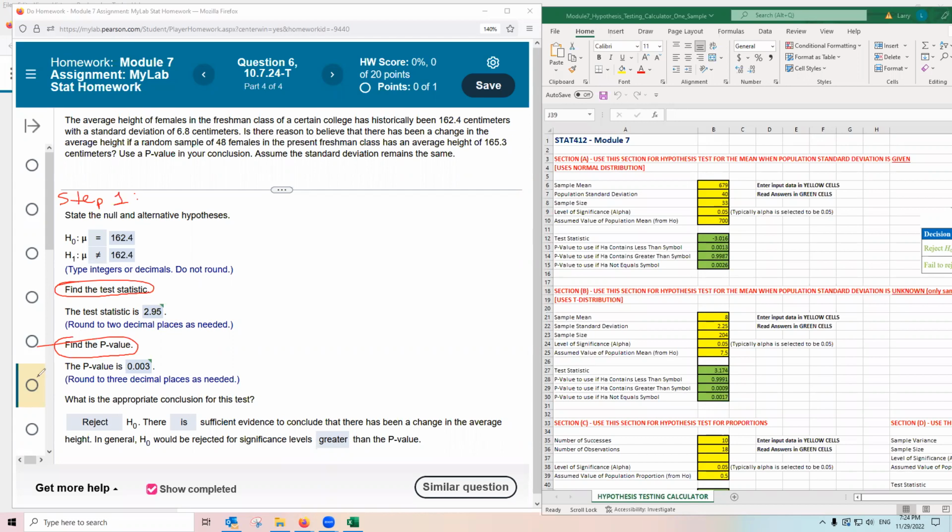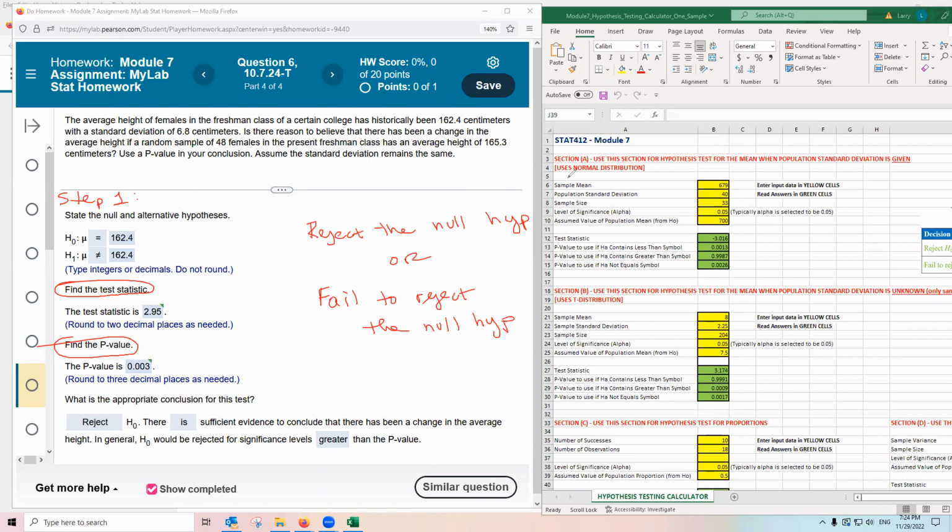Once we find that p-value, we can come to a decision. And the decision for any hypothesis test is to either reject the null hypothesis or fail to reject. Those are really the only two decisions that you can come to for a hypothesis test.